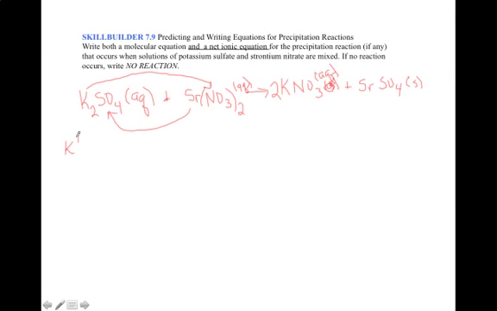So K plus, we've got 2 of those. Sulfate, we've got 2 minus of those. I mean the charge is 2 minus. We've got strontium, 2 plus. We've got 2 nitrates.